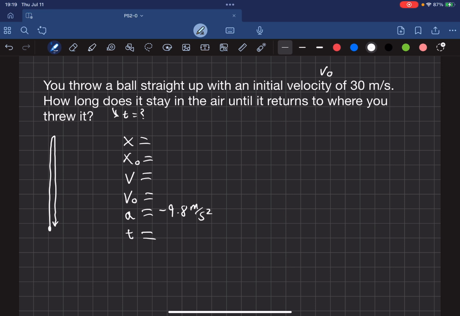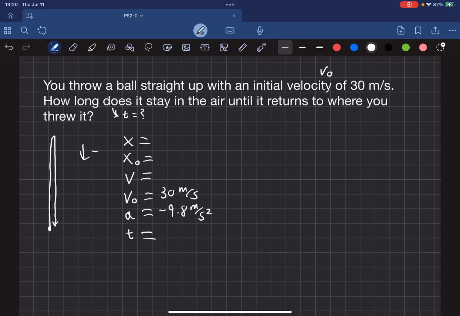Just make sure you recognize that this is negative 9.8 meters per second squared because we're going to be calling down as negative, because you threw it up with a positive velocity, so up must be positive. Now let's go ahead and put in our initial velocity as 30 meters per second.